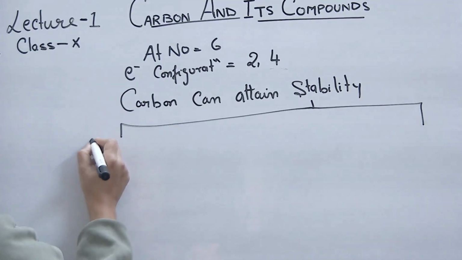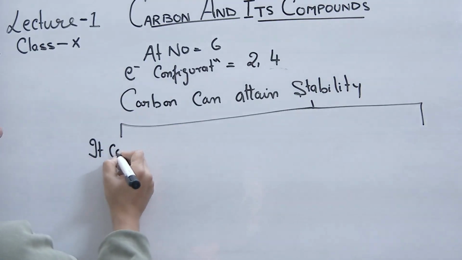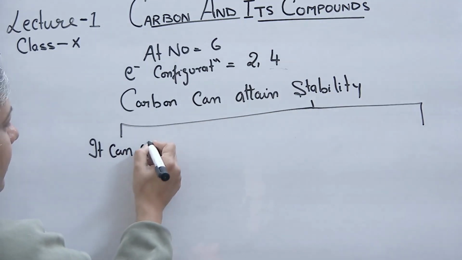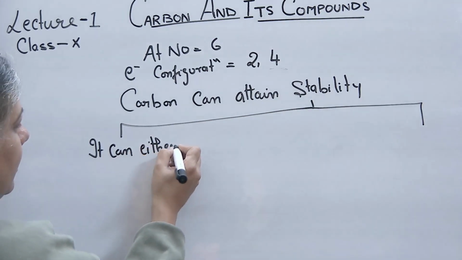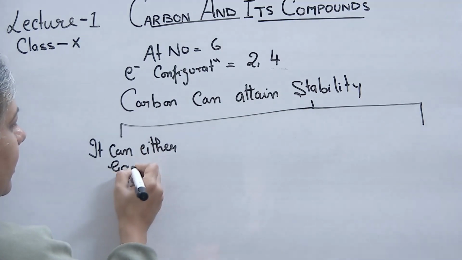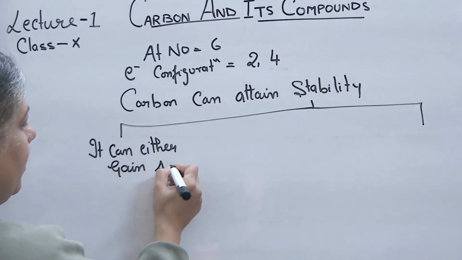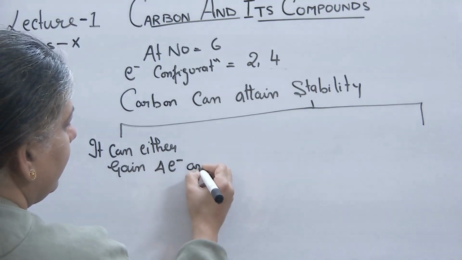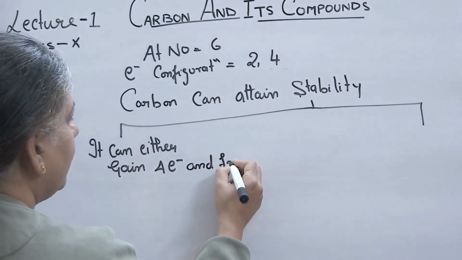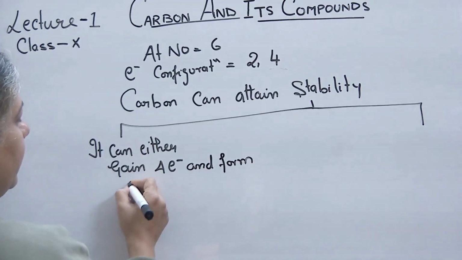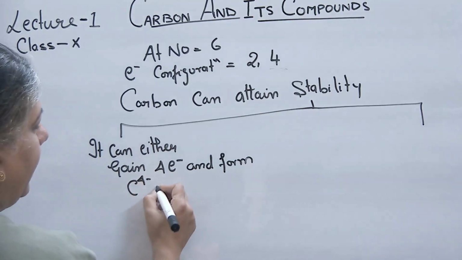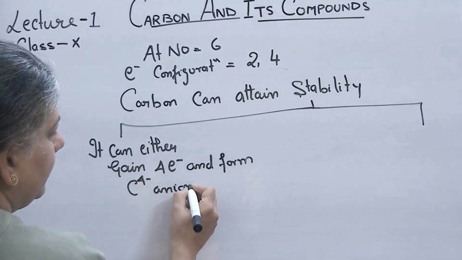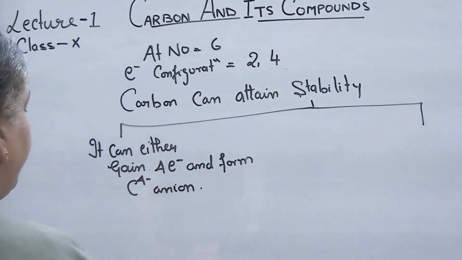See, it can either gain 4 electrons and form the C4 negative anion. Let's see what will happen.